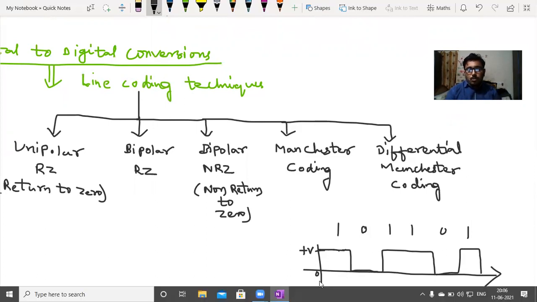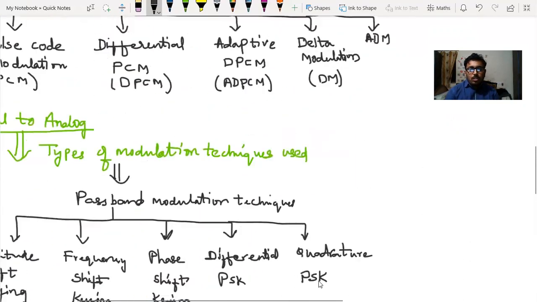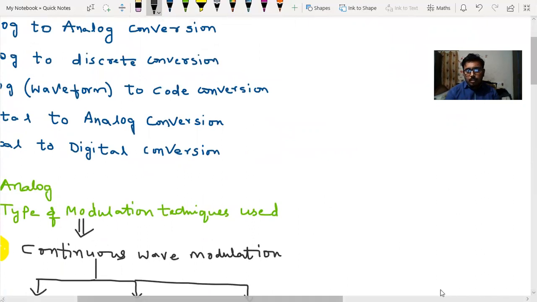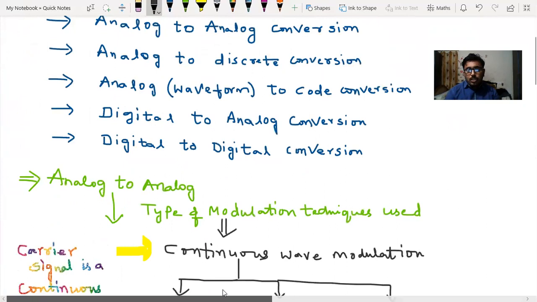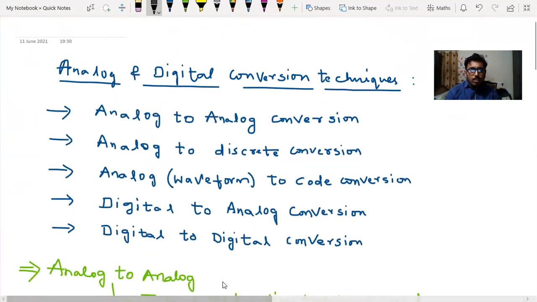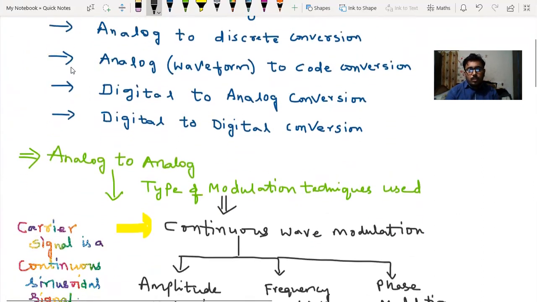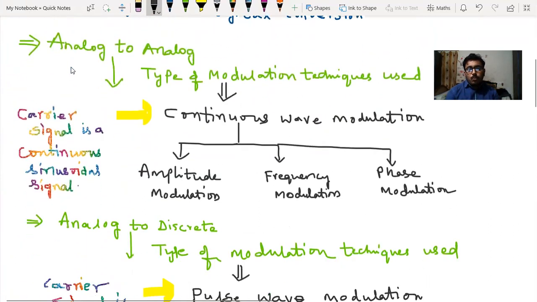Okay, so these are the different conversion techniques we are having, and at the same time the different modulation techniques that we are going to use. Okay, so this is the analog to digital conversion techniques that we are using. Among the different techniques, these will be the different ways of analog to digital conversion, and these are the different types of modulation techniques that we are considering.